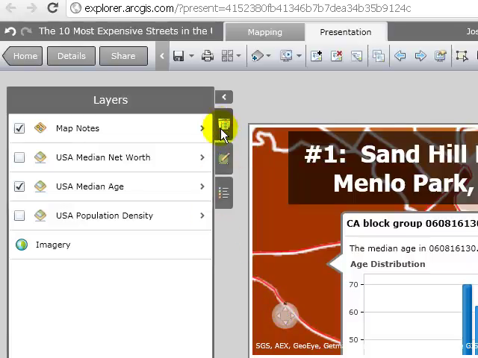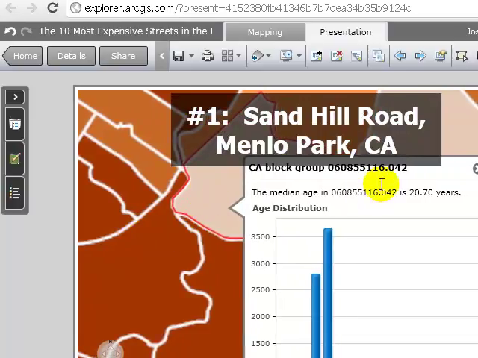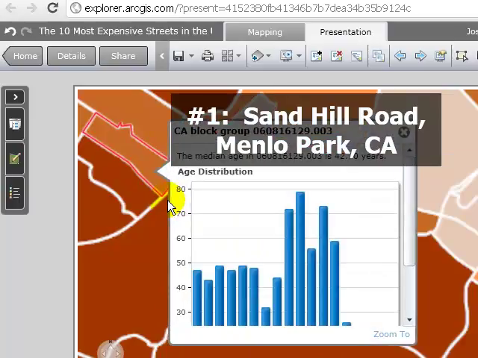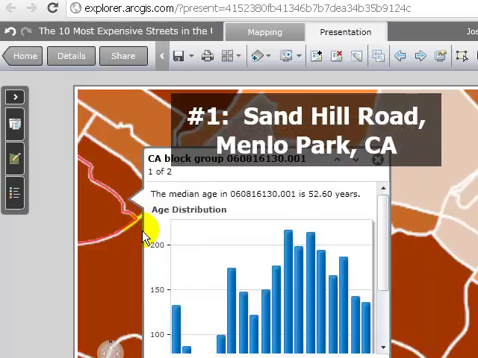Let's get some more real estate back. But radically different here. Why? Well, this is the campus of Stanford University. So you've got 20 median age there, but just outside that you've got 42, and just outside there you've got 52.